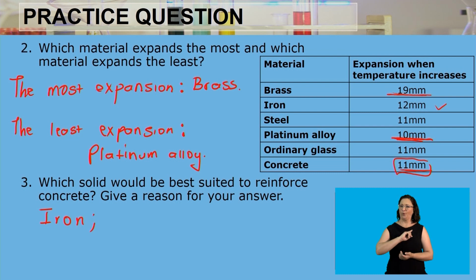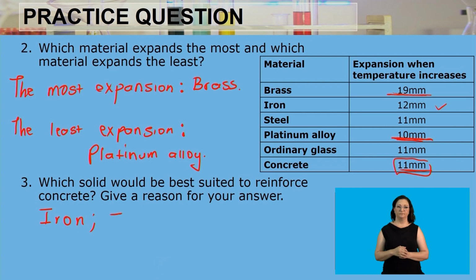And then why are we saying iron? Because its expansion is slightly above. Concrete expands up to 11 millimeters, so the iron expands up to 12 millimeters. So it allows for the expansion and contraction of our concrete.